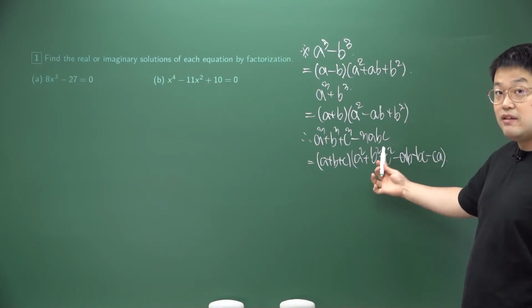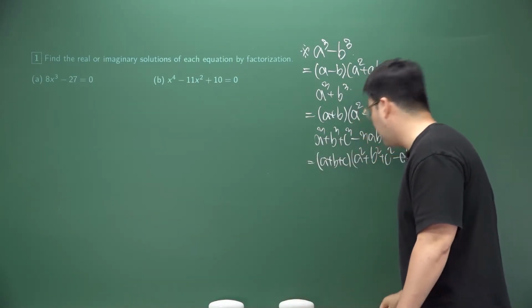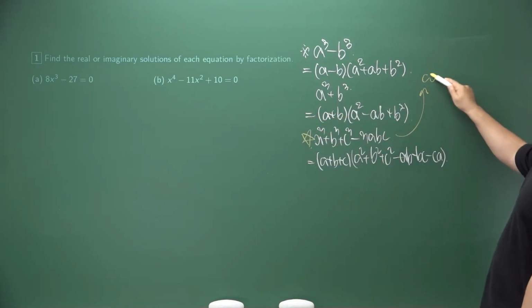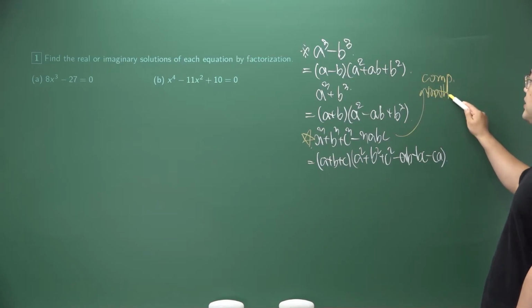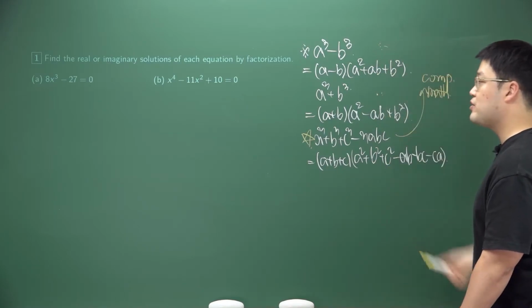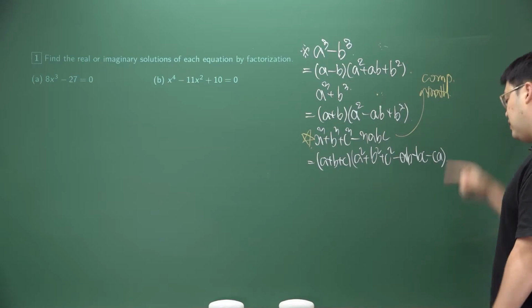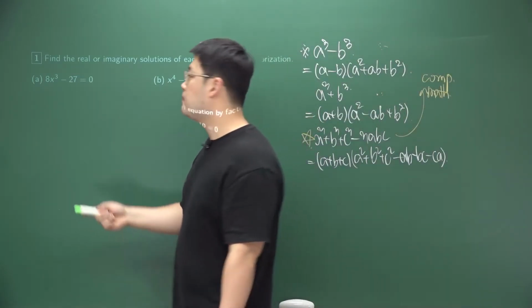But this one is more for competitions. The expressions that I wrote down in the top two are going to be used a lot, especially in GPA-related material. So let's move on to part A directly and see how it works out.